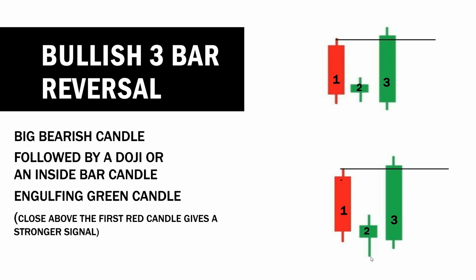If this low is taken out and it closes below it, chances are price is going to move further downward. Or if it wicks above and then closes below, it might just consolidate further and we might get chopped out.